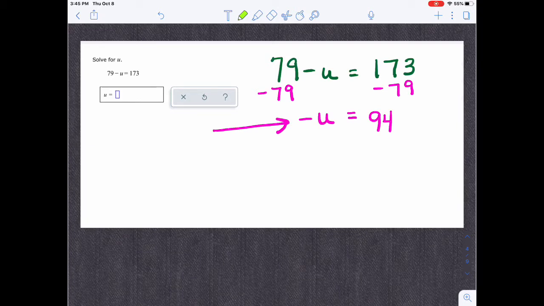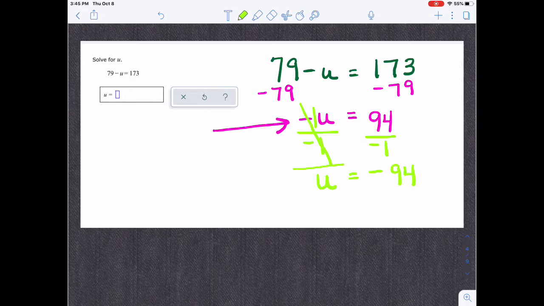We can divide by negative 1. We need to just think about that negative as a negative 1 that we need to get rid of. So I kind of like to just think of dividing by negative 1 on both sides, because negative 1 divided by negative 1 gives me a positive. Negative divided by negative is positive. And so now I have positive u equals negative 94.